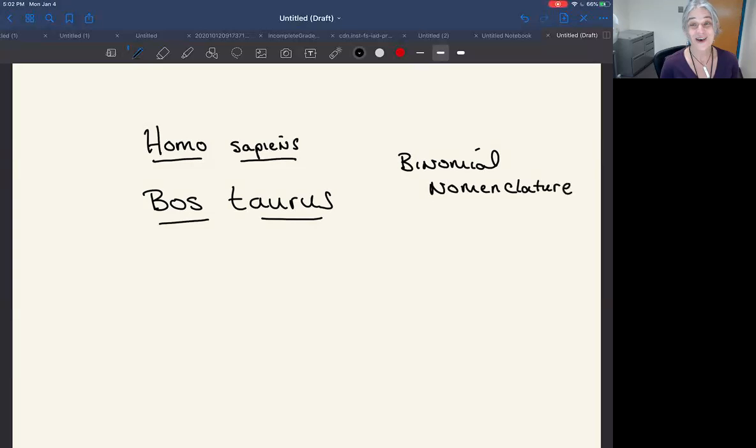Okay. And so this is interesting and important because you can look for this binomial nomenclature in any scientific paper that is maybe talking about a species of native bee in the United States. So if I use the name of that native bee species in my paper, everybody will know exactly what species I am talking about.